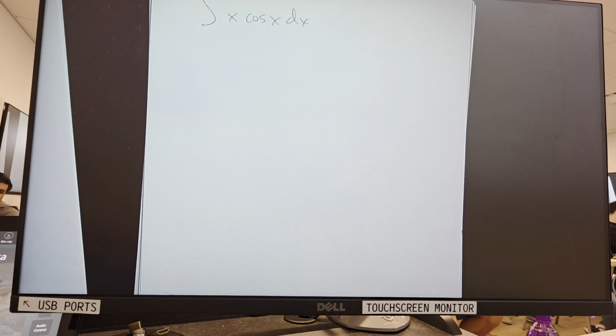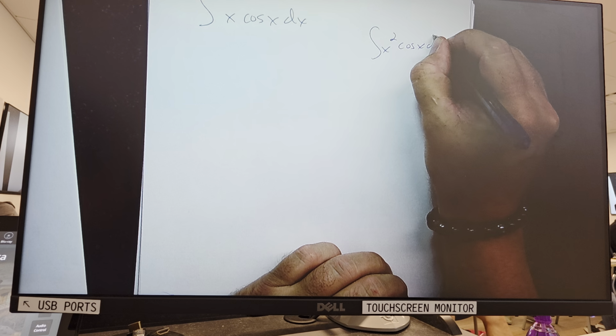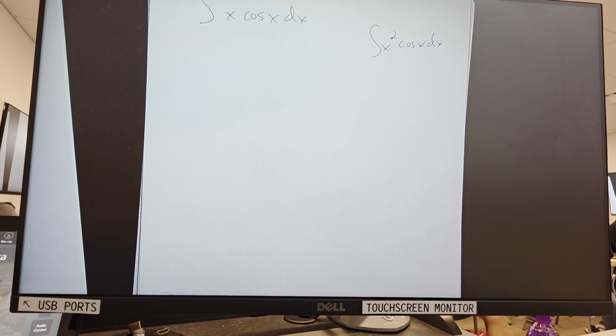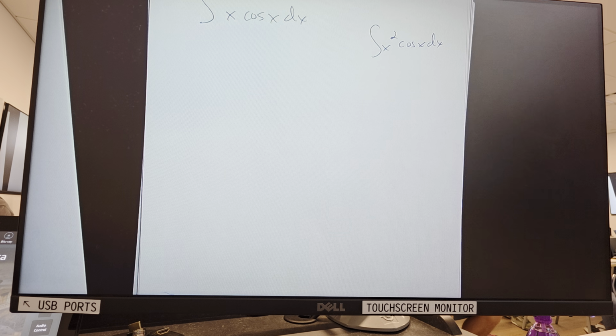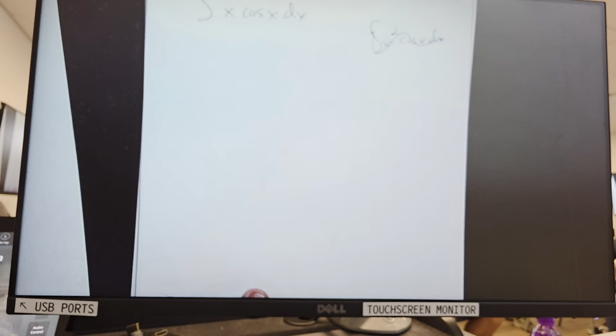Not either one, only one. If I would have made this x squared. In fact, I kind of like what you just said. If I let u equal x squared, what's du? Do I have an x in there? I have a cosine x. U sub wouldn't work on that either. If only I would have made the x inside the cosine squared, u sub would have worked.